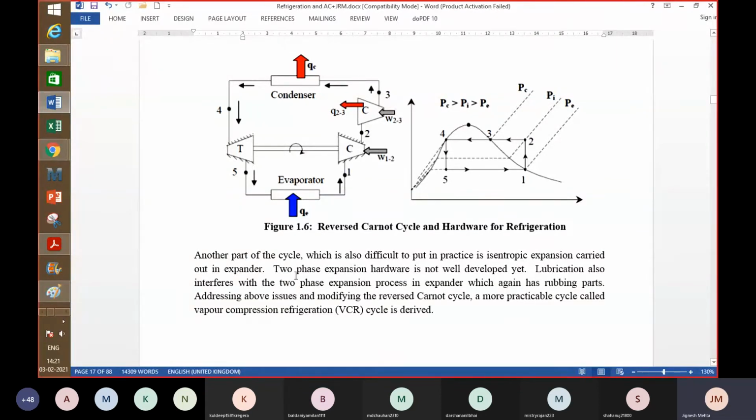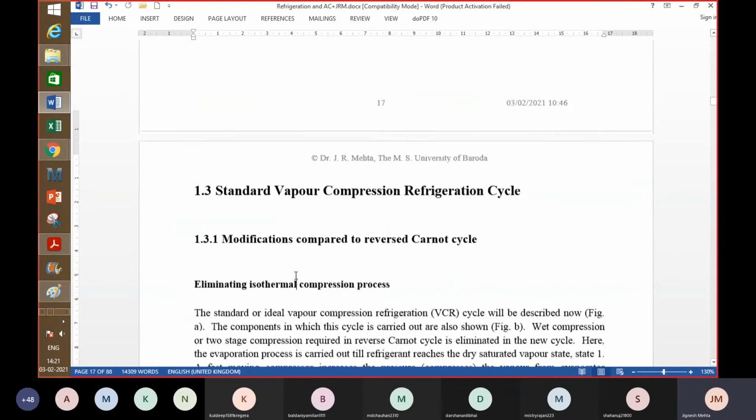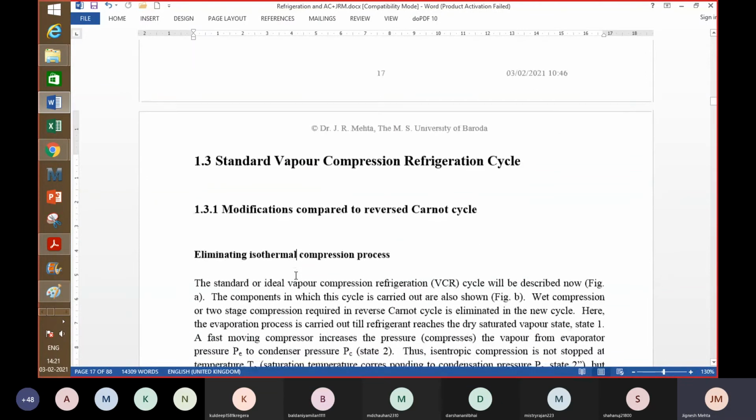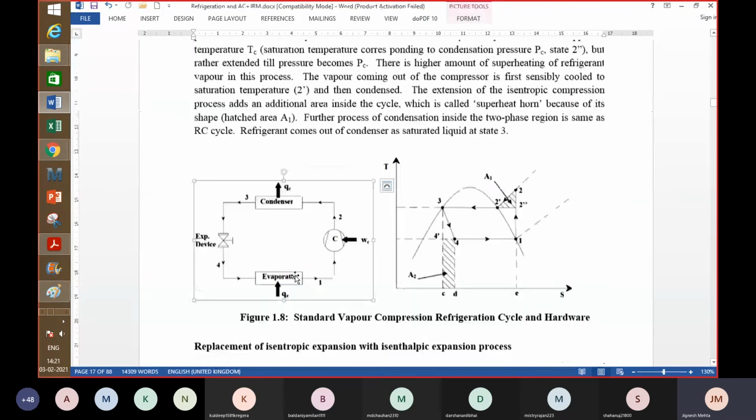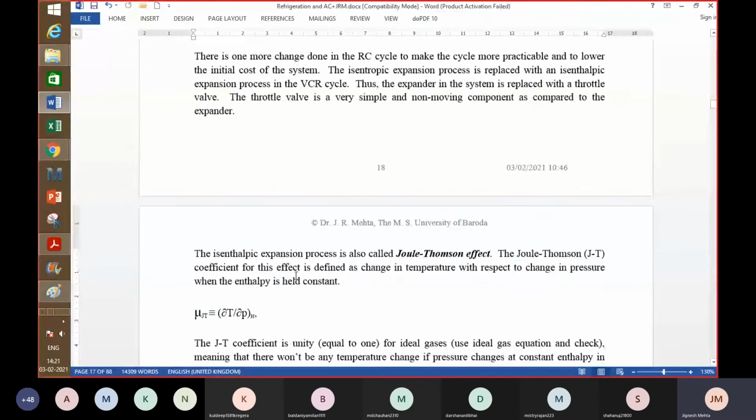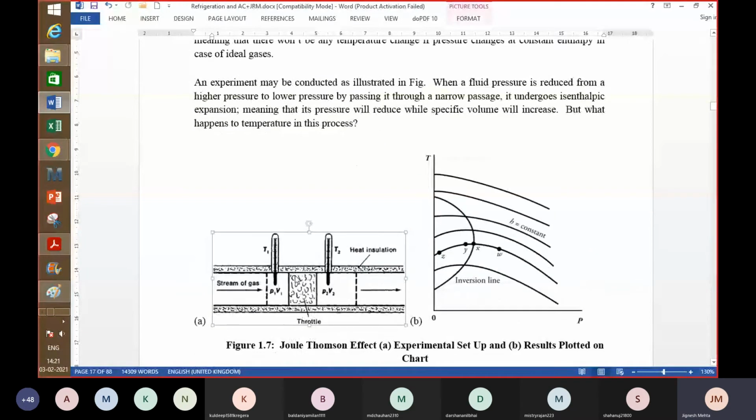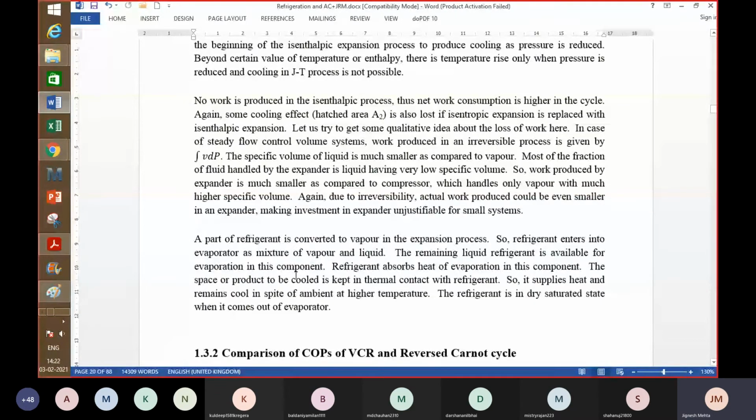Okay. So isentropic expansion produces work, but isenthalpic expansion does not produce any work. So actually you have lost that work when you replace isentropic expansion with isenthalpic expansion. So no work is produced in isenthalpic process, that's net work consumption.